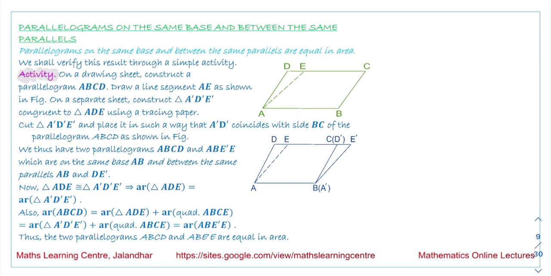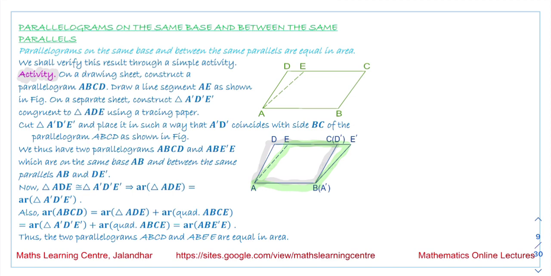You have to draw a parallelogram ABCD, and then you draw another parallelogram, say ABE'F or A'B'E'F, and you will come to know that the area of both these parallelograms is the same. The procedure is explained over here and you can try this on your own.